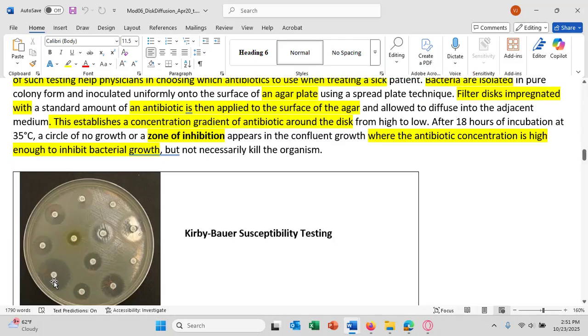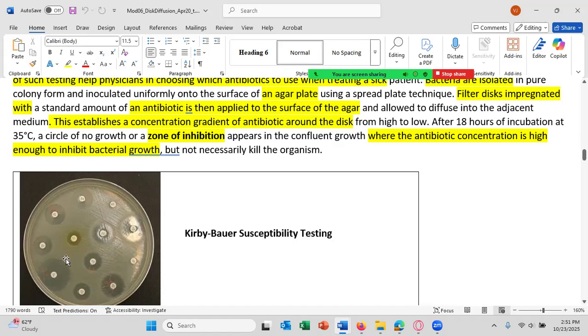All right, so we can say that this antibiotic and that antibiotic is effective against the bacteria because there is a zone of inhibition, and then this one here is not effective because there is no zone of inhibition.